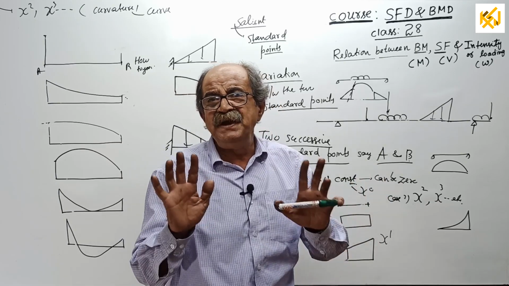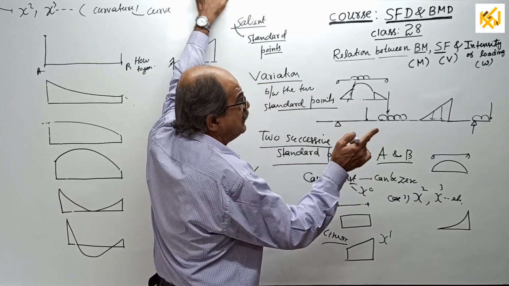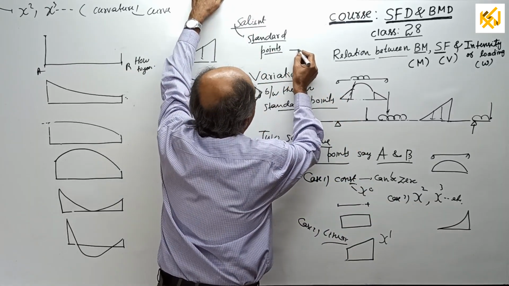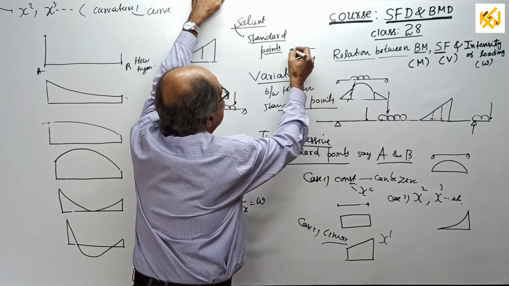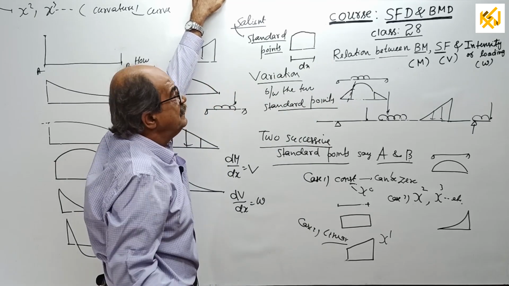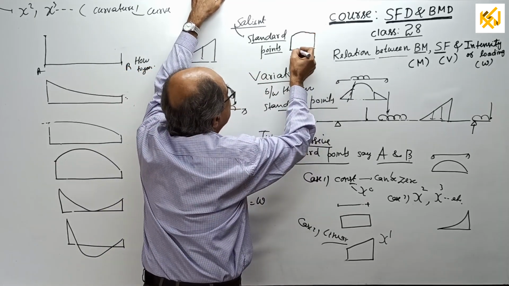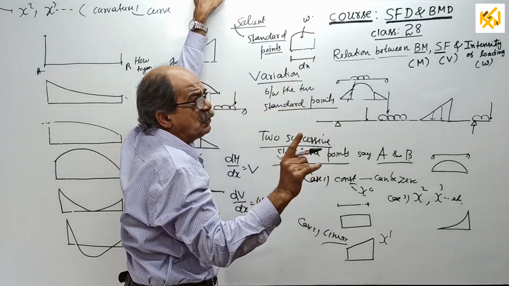For establishing relationship between them, what people usually do is, they will take an elemental length dx. Then load intensity they will take randomly here. Then they will tell, since it is a very small length, intensity is constant, say W. Not wrong.